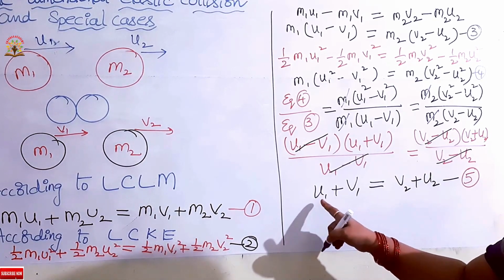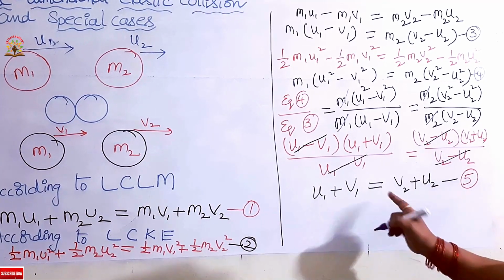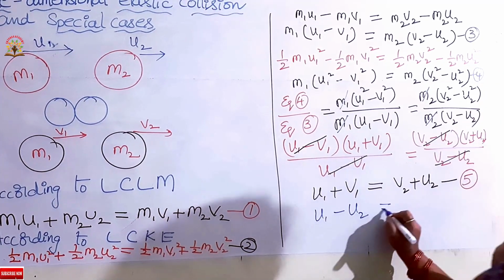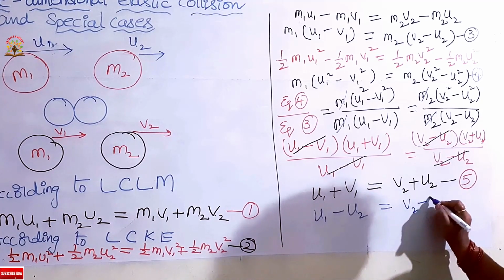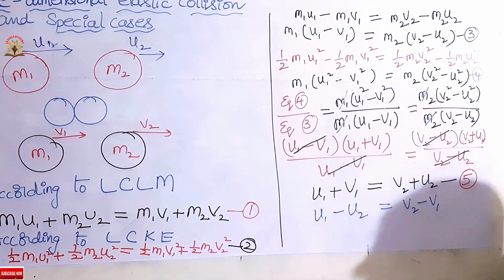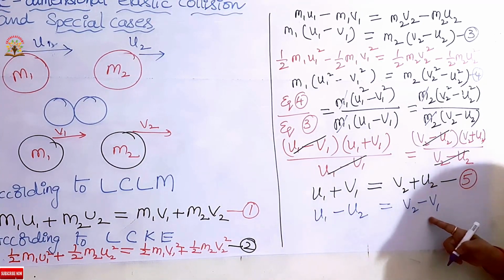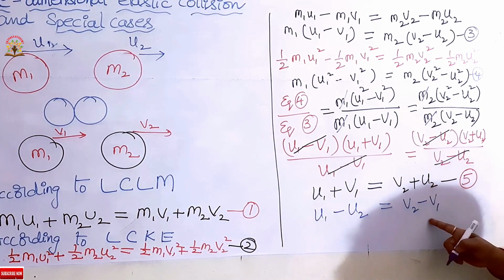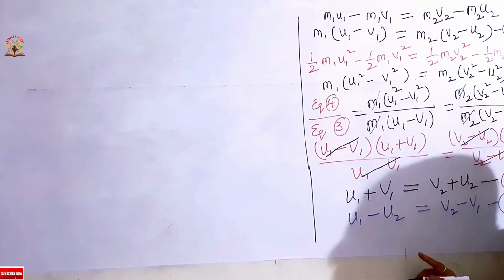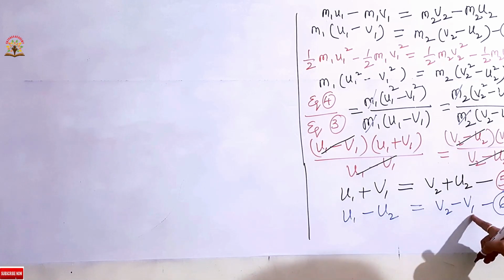From this equation, we write u1 minus u2 is equal to v2 minus v1. This says velocity of approach before collision is equal to velocity of separation after collision. This is equation number 6.